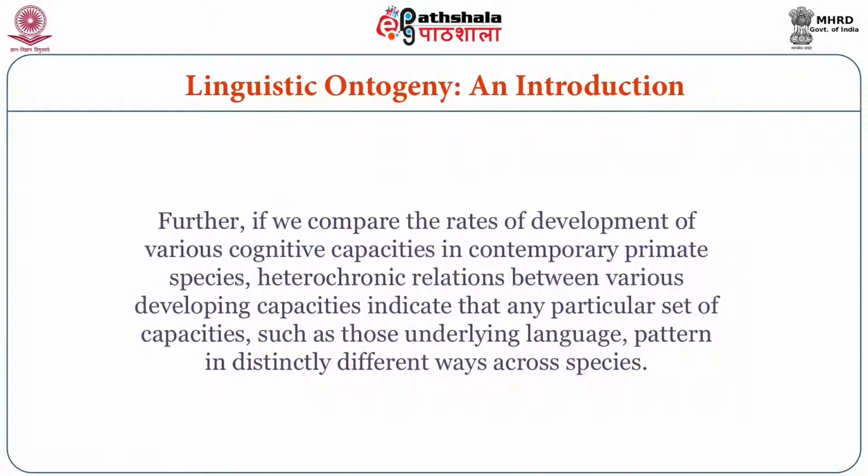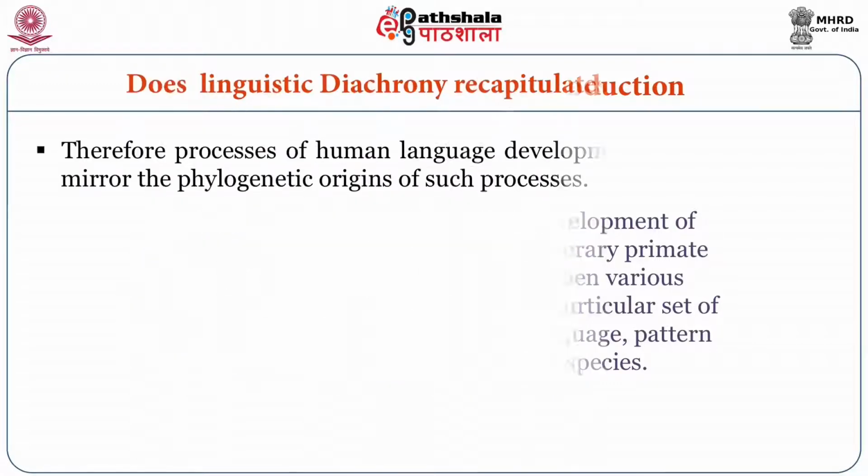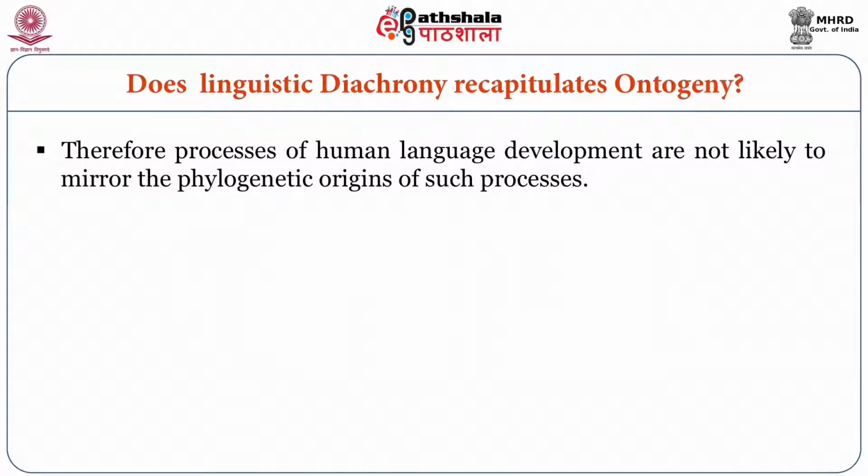Further, if we compare the rates of development of various cognitive capacities in contemporary primate species, heterochronic relations between various developing capacities indicate that any particular set of capacities, such as those underlying language, pattern in distinctly different ways across species.